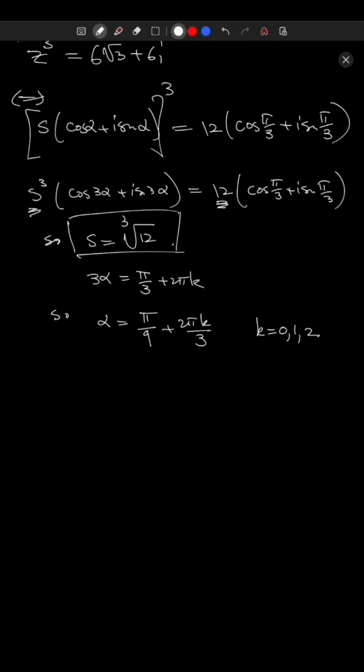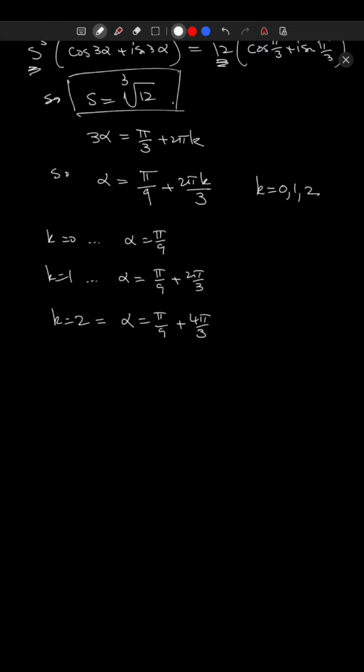So if we write them out, our solutions are going to have angles. k equals 0 corresponds with alpha equals pi over 9. k equals 1 corresponds with alpha equals pi over 9 plus 2 pi over 3. And then k equals 2 corresponds to alpha equals pi over 9 plus 4 pi over 3. All right?